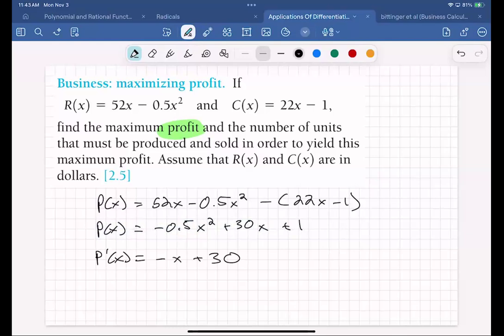Just don't forget your negative there. But now we want to go find those critical values, the critical point, right? So we're going to set this derivative of the profit function equal to 0. We find that that critical point occurs at x equal to 30.